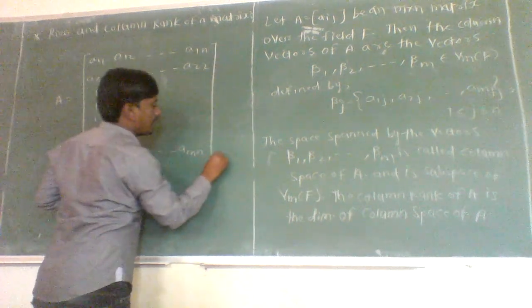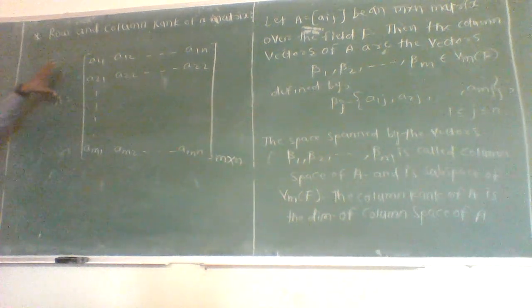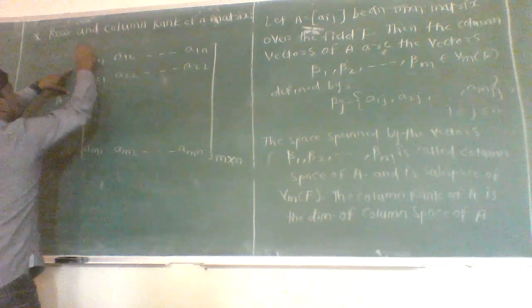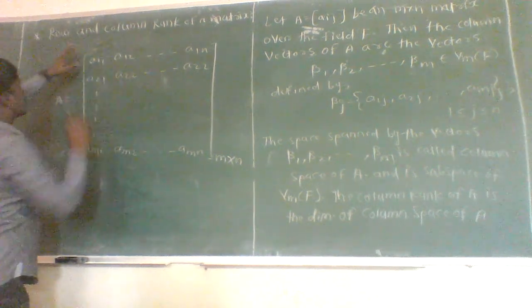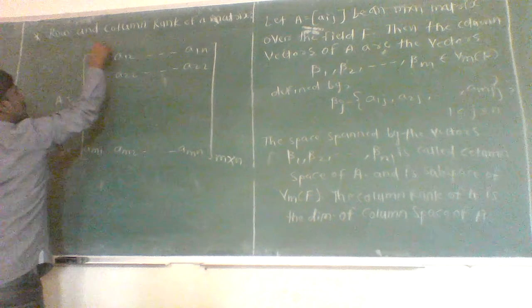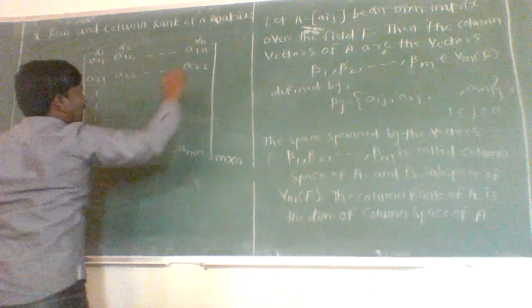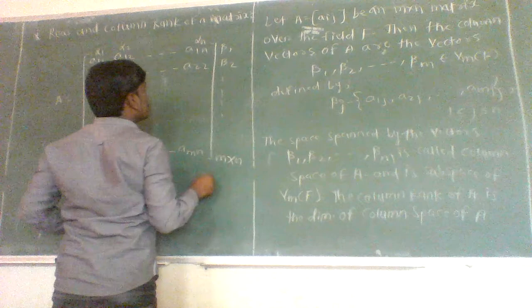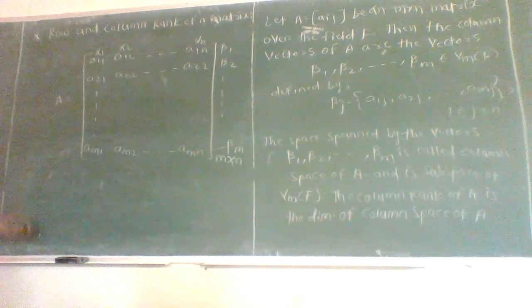So this is a matrix of order m cross n. Now we have to find the row and column rank of the matrix. Suppose we denote the columns by beta 1, beta 2, and so on, beta n, and the rows by alpha 1, alpha 2, and so on, alpha m. Now we have to find the column rank and row rank of the matrix.